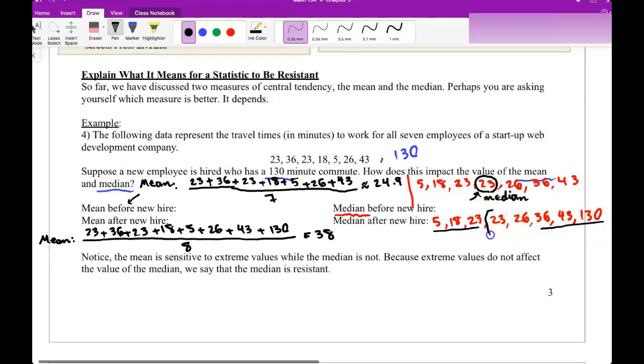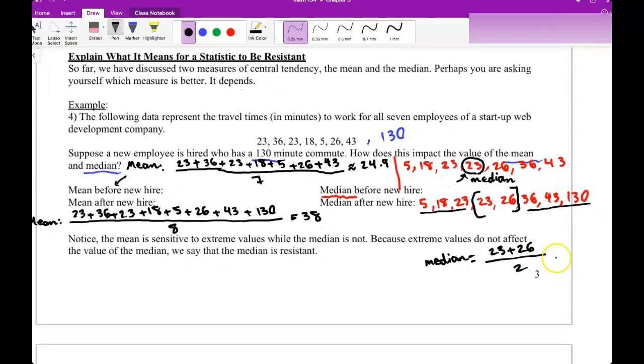What's left in between is 23 and 26. So our median is 23 plus 26 divided by 2, that is 24.5.